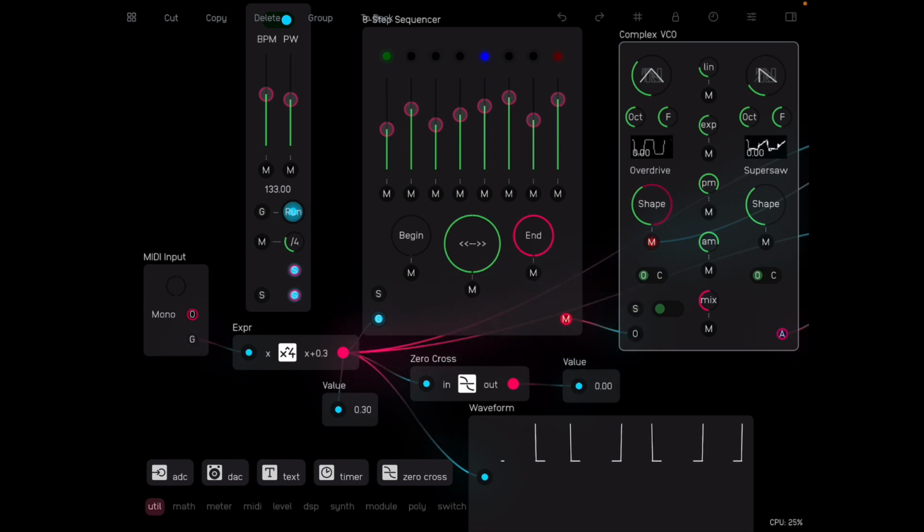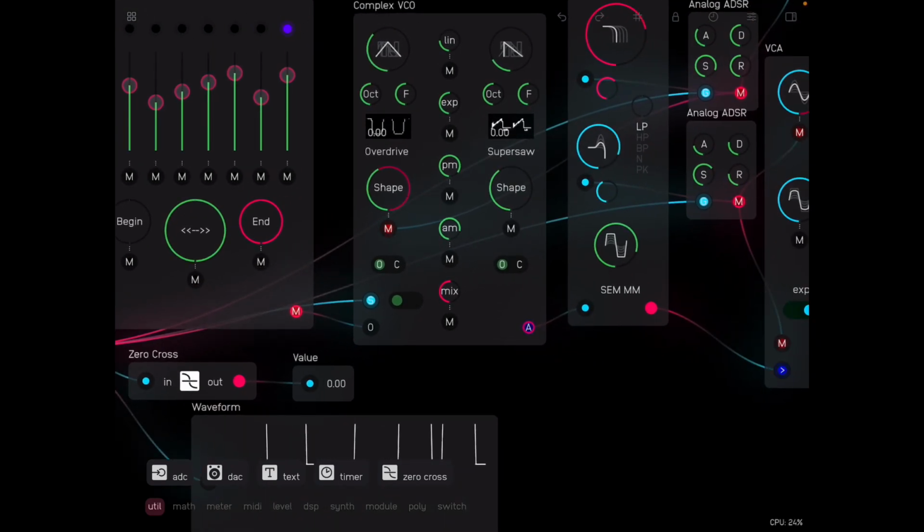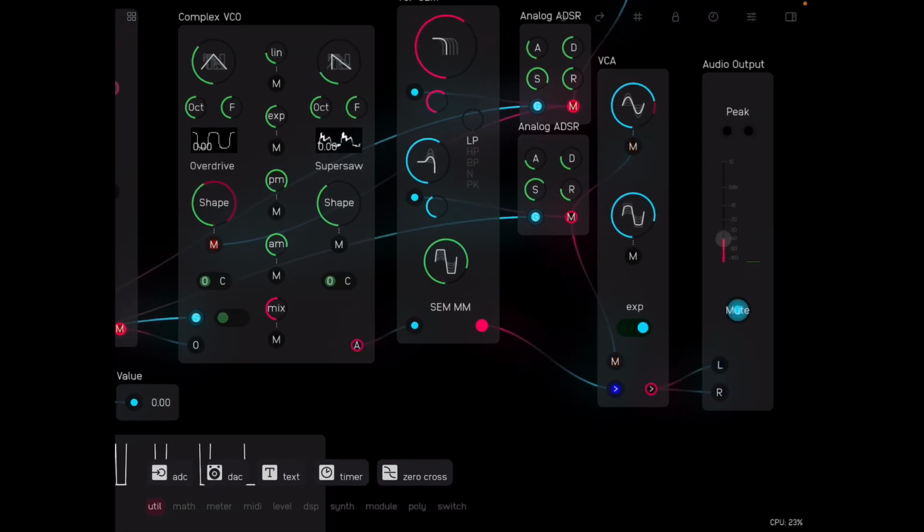I'm not hearing any difference right now. That's another issue to look at. And the output from VCO to the VCF, and then the VCF to VCA, and then the VCA to the audio output module.